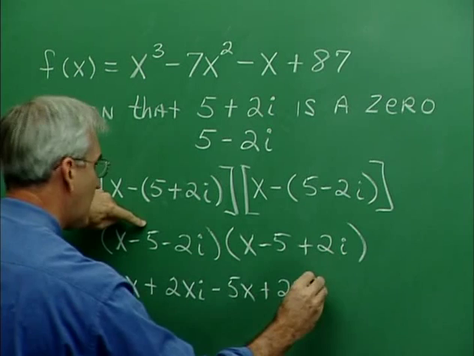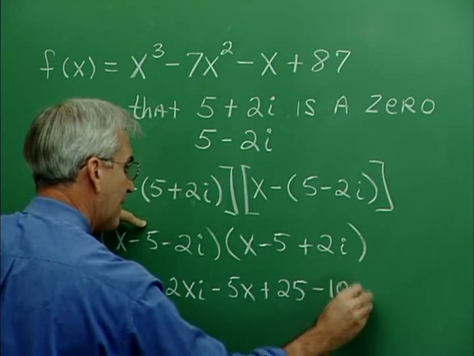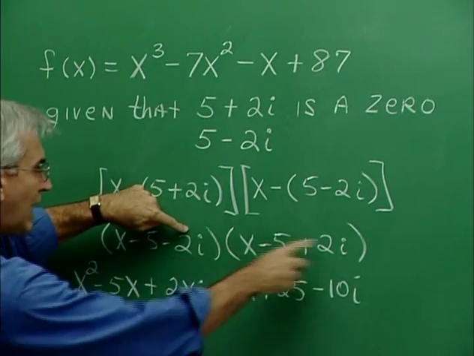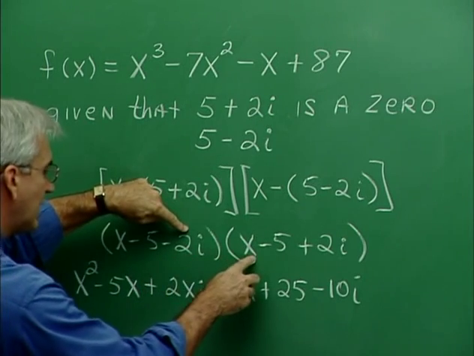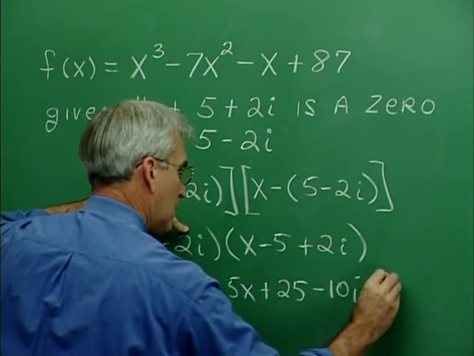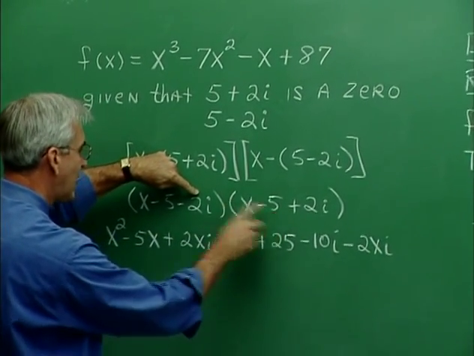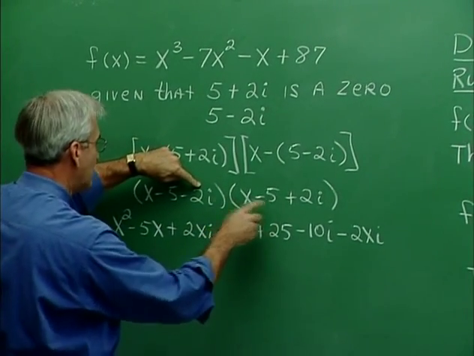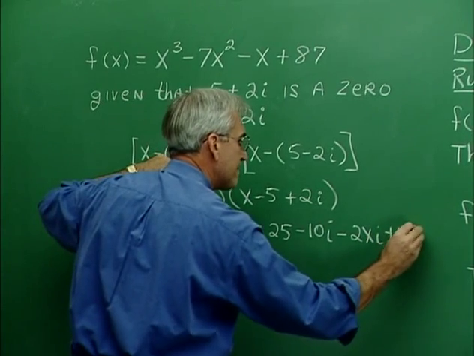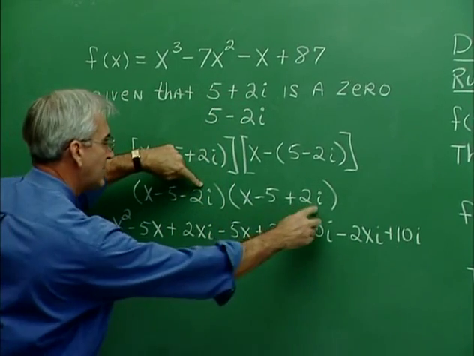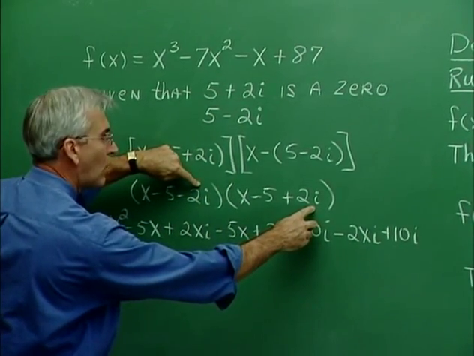Minus 5 times 2i is minus 10i. And then minus 2i times all of these. Minus 2i times x is minus 2xi. Minus 2i times minus 5 is plus 10i. And then minus 2i times plus 2i is minus 4i squared.